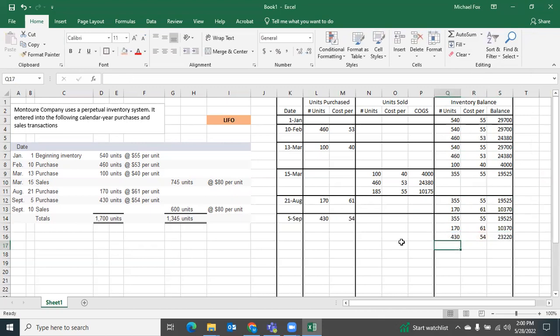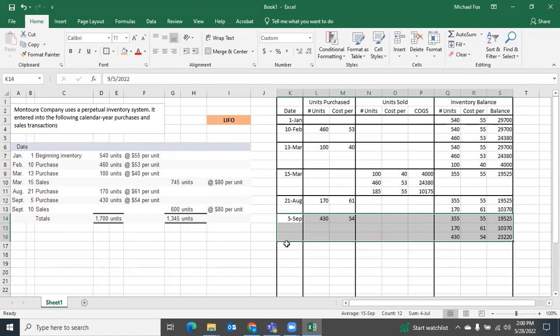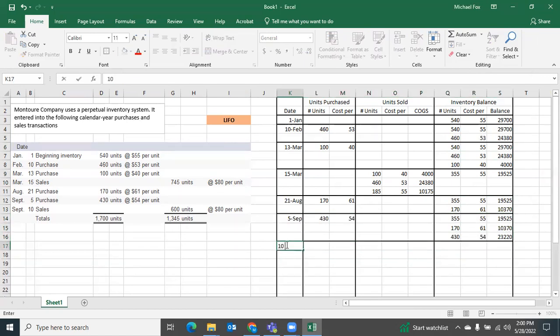And now we'll see their sale on September 10th. So on September 10th, they sold 600 units.